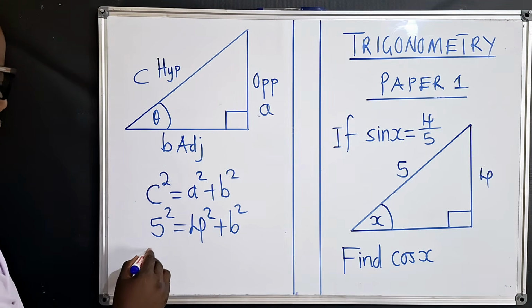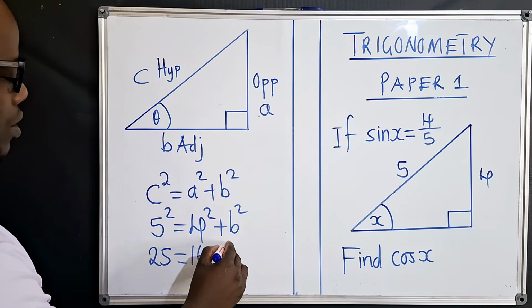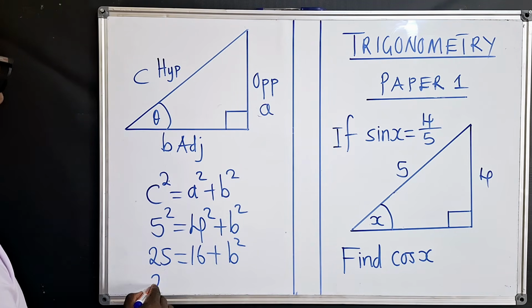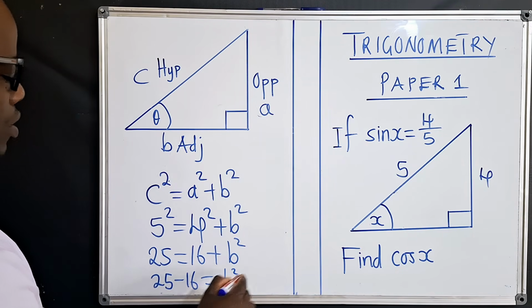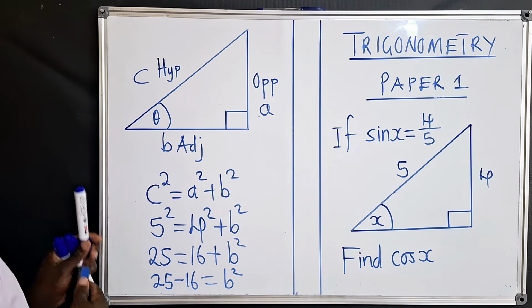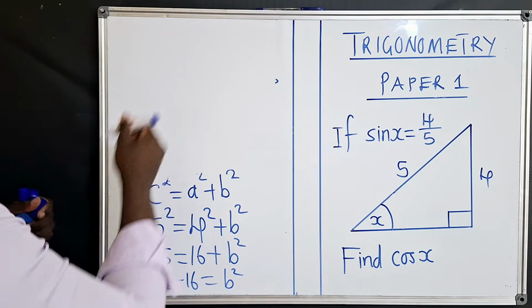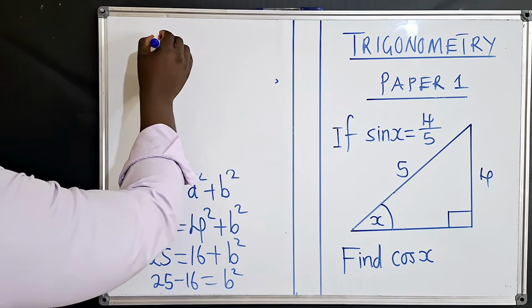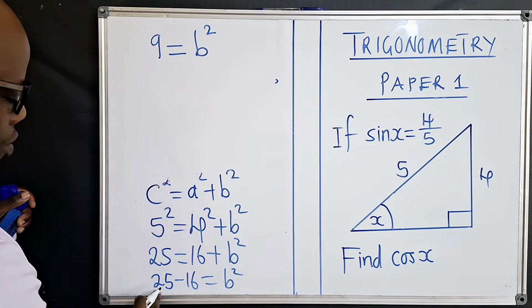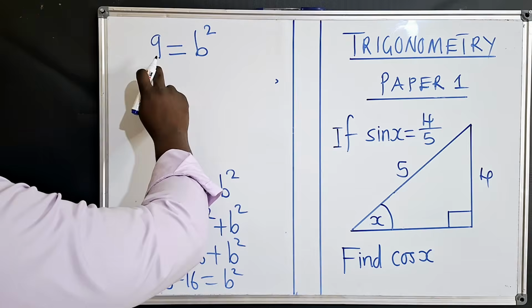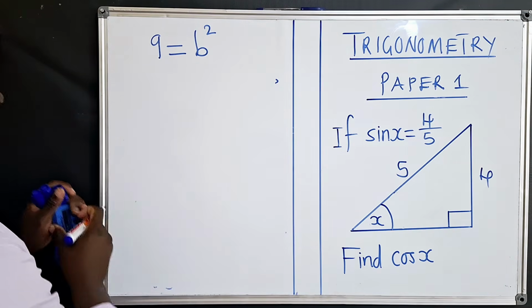What is 5 squared? 25, which is equal to 16 plus B squared. 25 minus 16 is equal to B squared. So from this point, it will be 9 equal to B squared, because 25 minus 16 will give us 9. We can now find the square root of B squared.